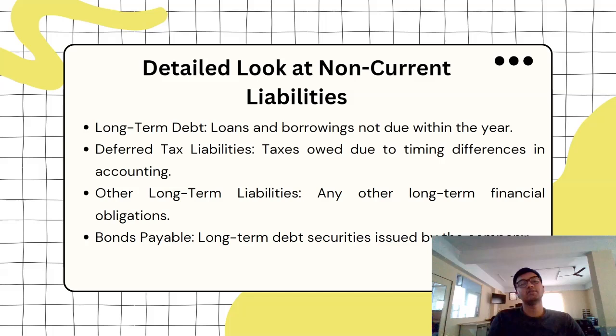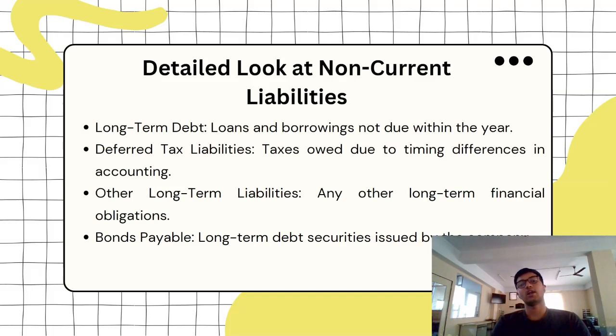So non-current liabilities are loans and borrowings not due within the year. Deferred tax liabilities are tax owed due to timing differences in accounting. Say the accounting period ends 31st March, and somehow you came up with this tax liability after that particular day. You miss the chance of paying that tax within the year.